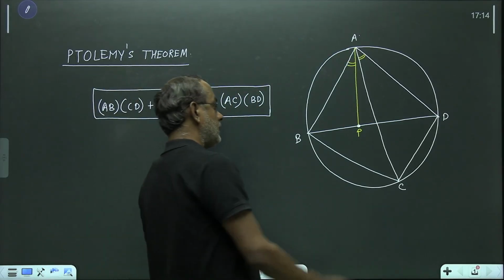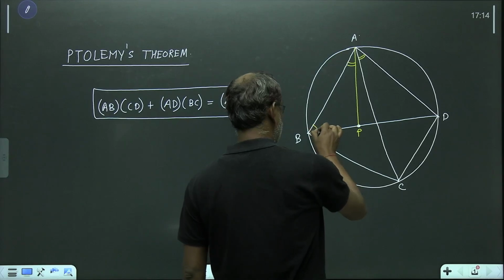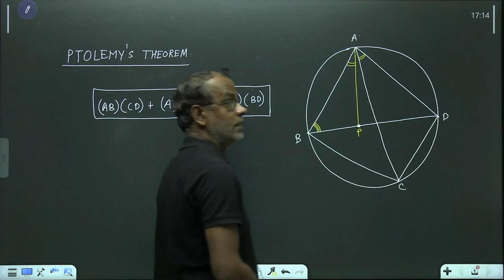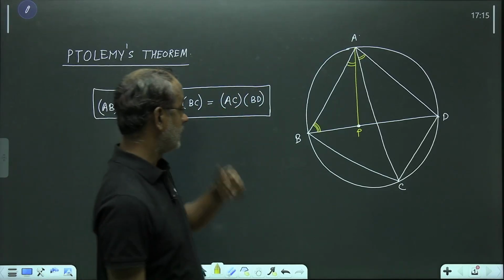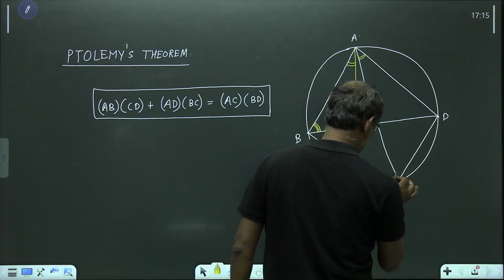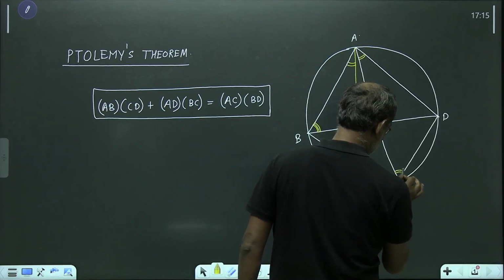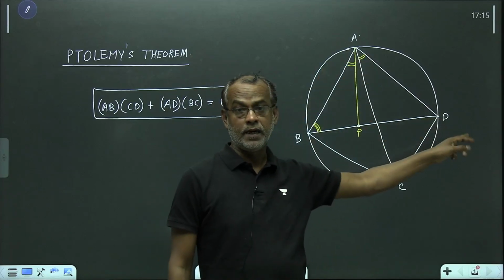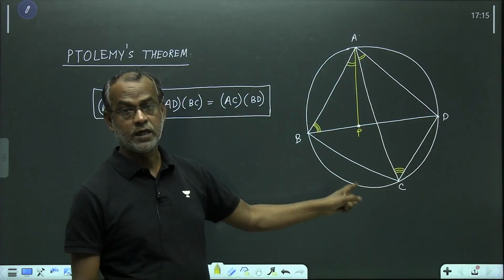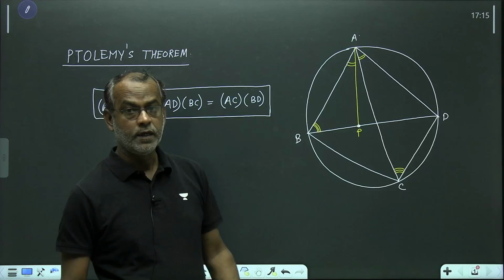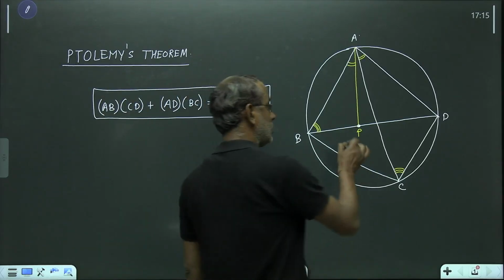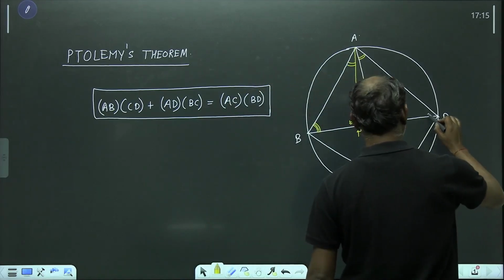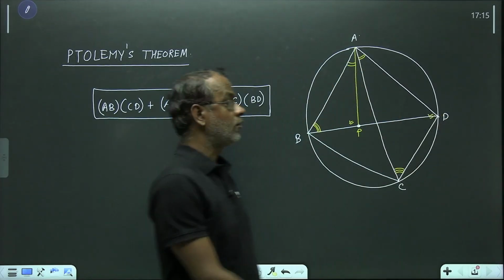Now, what does this do? This angle is the angle subtended by chord AD, equal to this angle, isn't it? The angle subtended by chord AD at the circumference. So these two angles are going to be equal. As a consequence, this angle BPA and this angle are going to be equal.